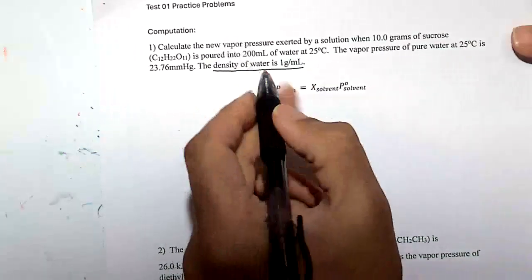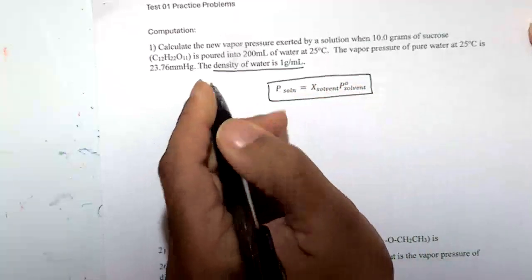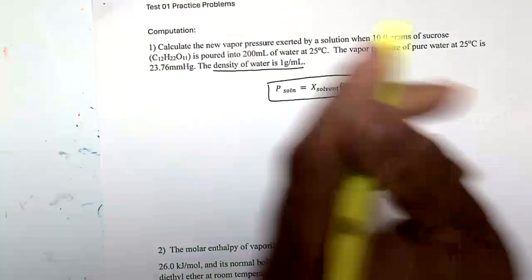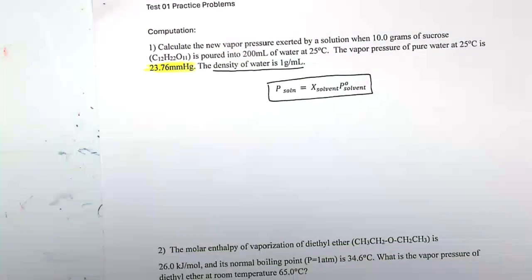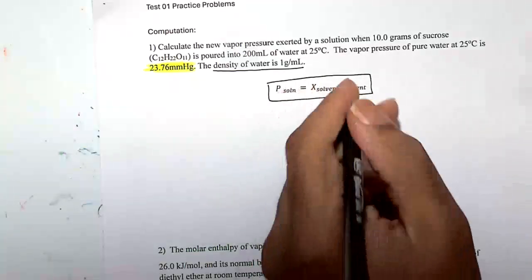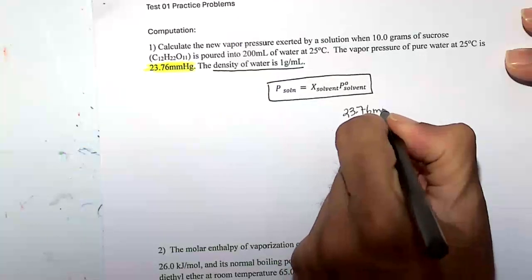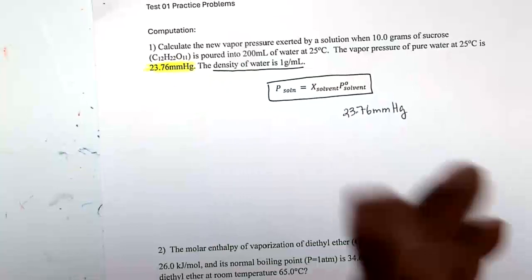Right, so here's the equation that you'll be given. The vapor pressure of pure water at 25 degrees by itself, also known as neat, totally by itself, is 23.76 millimeters of mercury.